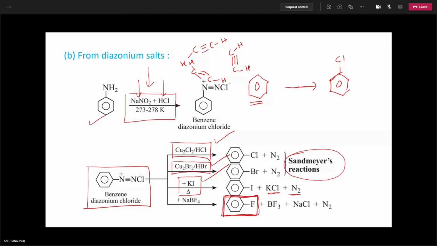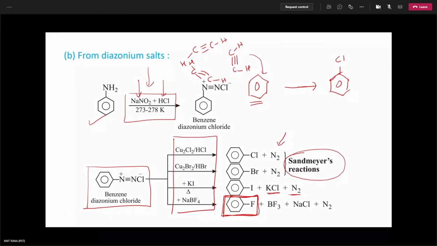By heating in a red hot iron tube, yes, at 560. So this is where you have to remember how benzene is obtained from this and how benzene can be converted into chlorobenzene, bromobenzene, iodobenzene, fluorobenzene. No need to take stress. Memorization requires the condition: under what condition you will get what. And at the same time, remember the byproduct.